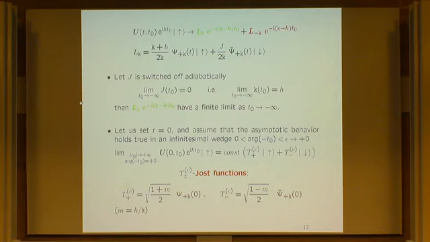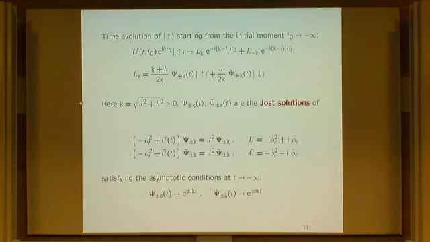Anyway, the first exponent we can easily avoid if you assume that the interaction is adiabatically switched off as t0 goes to minus infinity. So suppose the coupling g is adiabatically switched off.